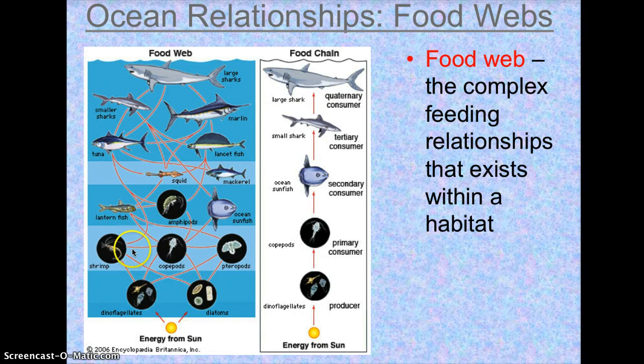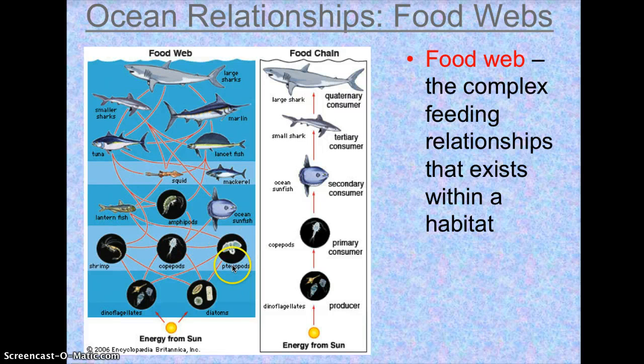And then a food web is basically the same kind of thing, except instead of showing one chain or one straight line of how energy is traveling from one to another, it shows the whole entire relationships of a whole entire area. And in this case, it would be the ocean food web.